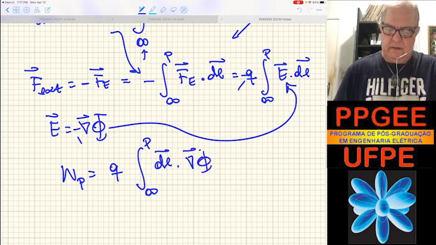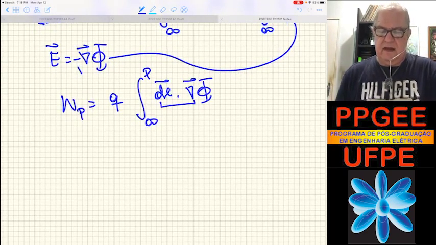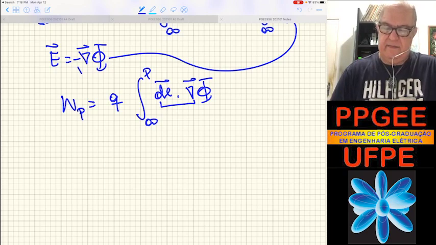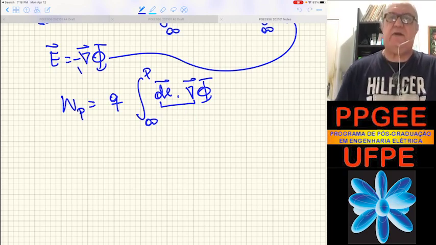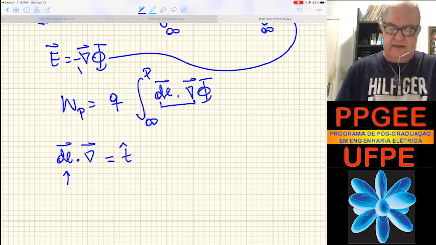Well, by definition, if you make a dot product between nabla and dl, well, dl has a tangent vector, right?